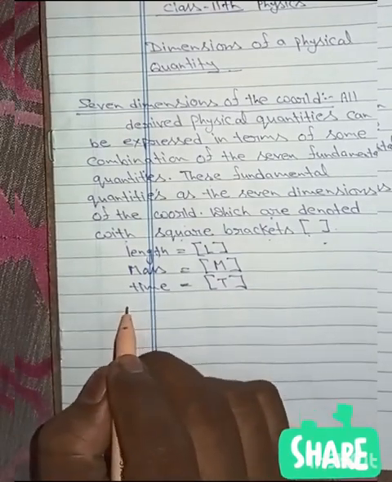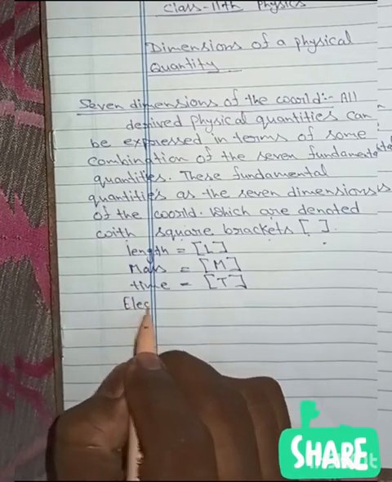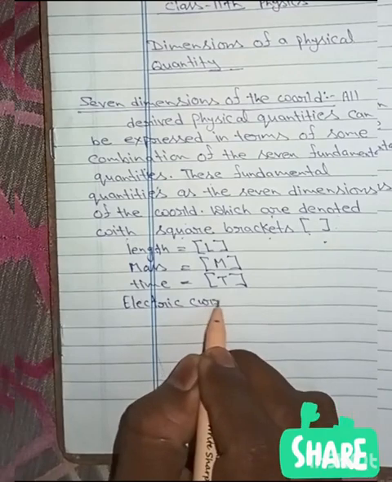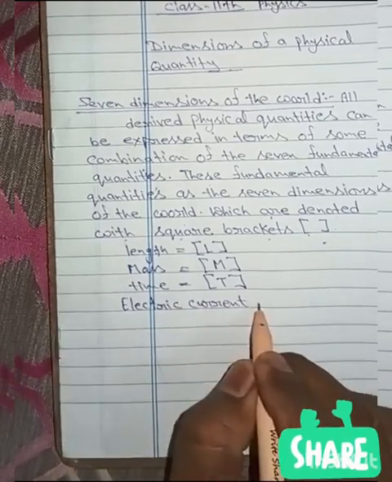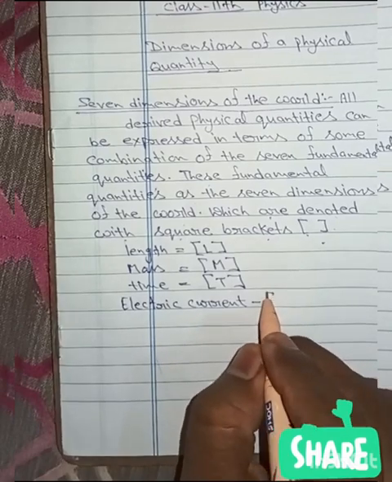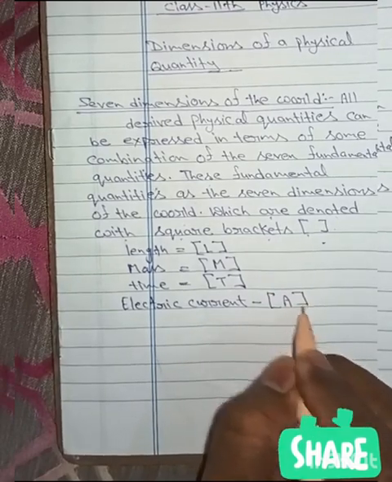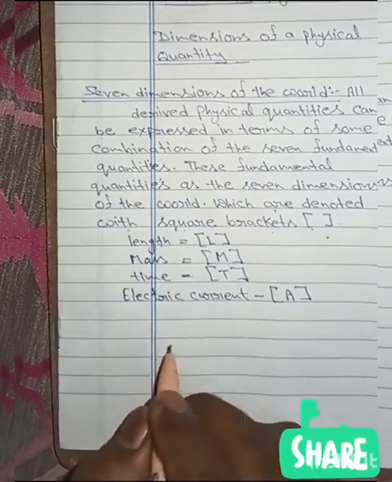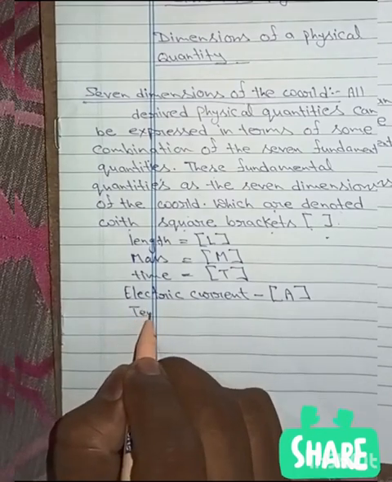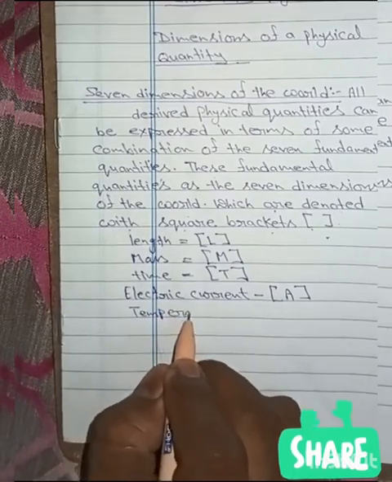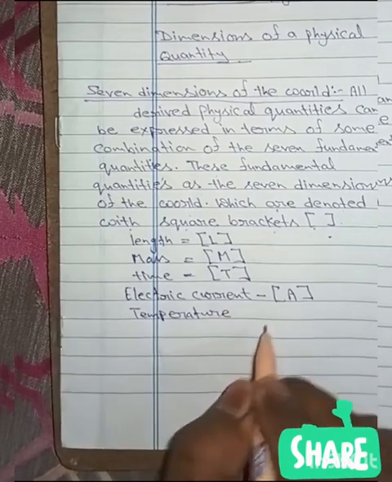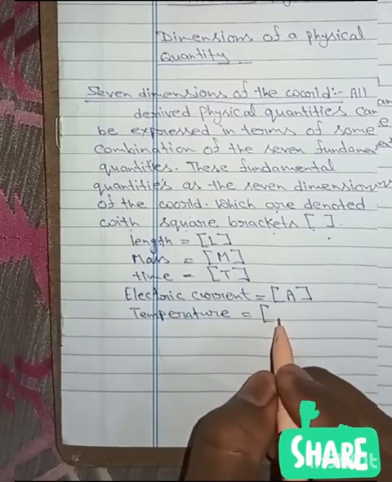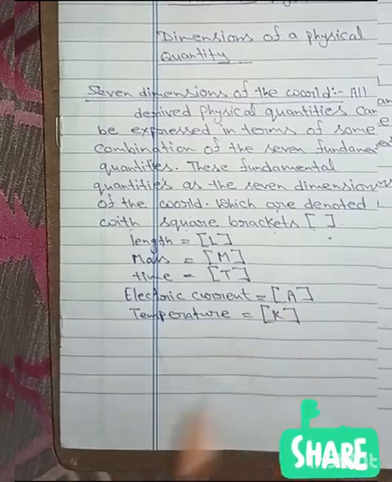Electric current is represented by A in square bracket. Temperature is represented by capital K, Kelvin.